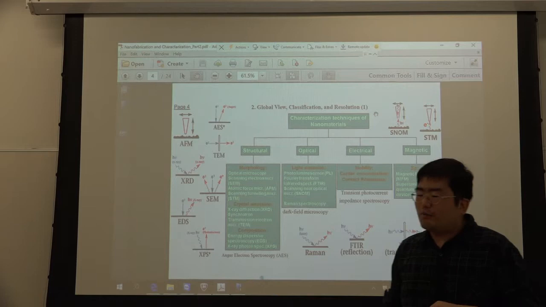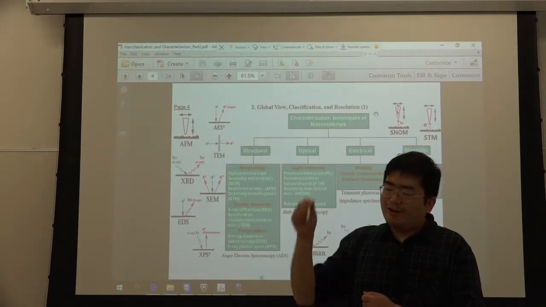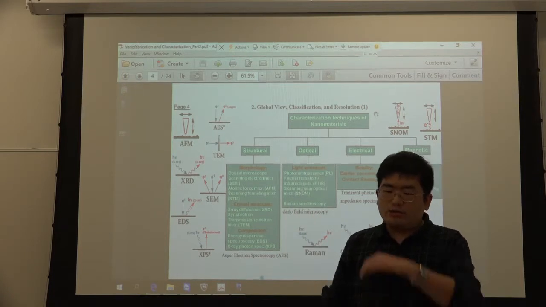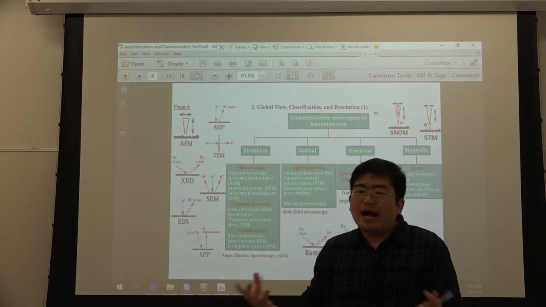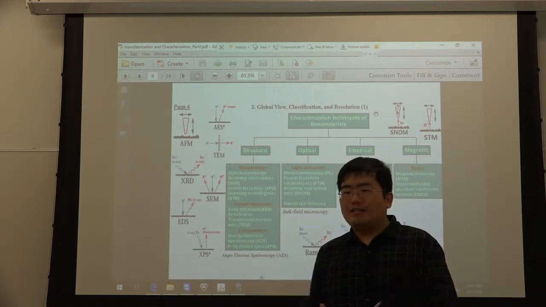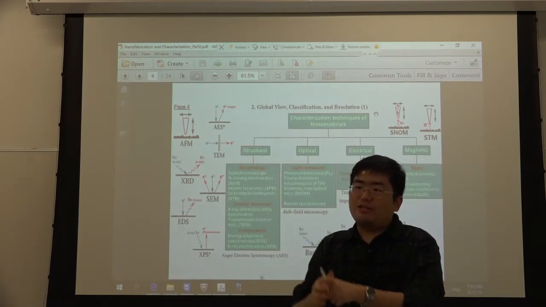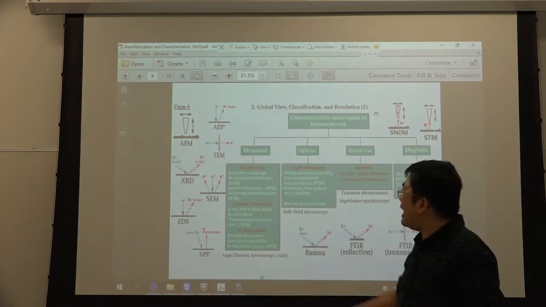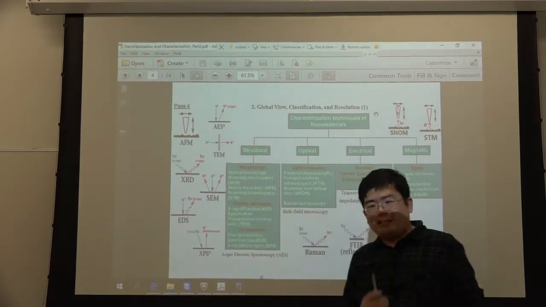Let me say it again. The basic idea is that you use electrons, photons, X-rays, or ions to strike your sample. Then some other electrons, photons, X-rays, or ions are scattered out, and you detect this scattered information. This is the basic way. SEM has an incident electron and scattered electrons.